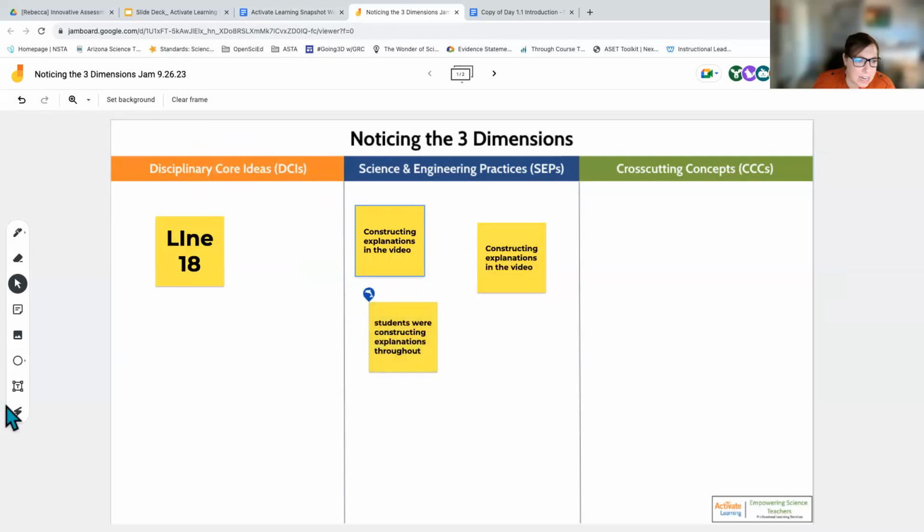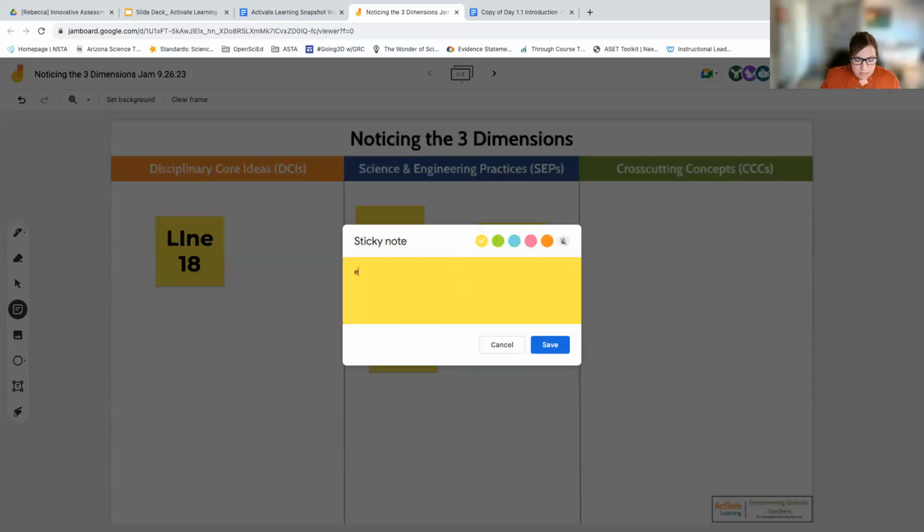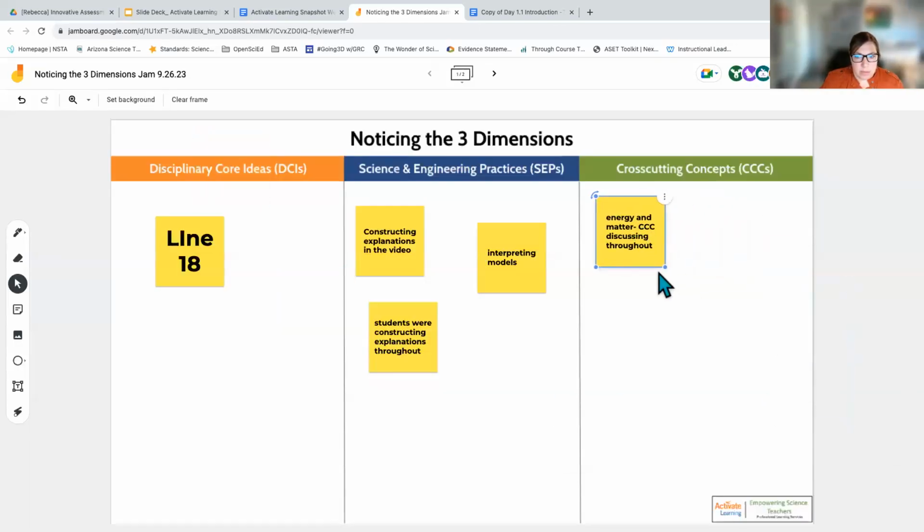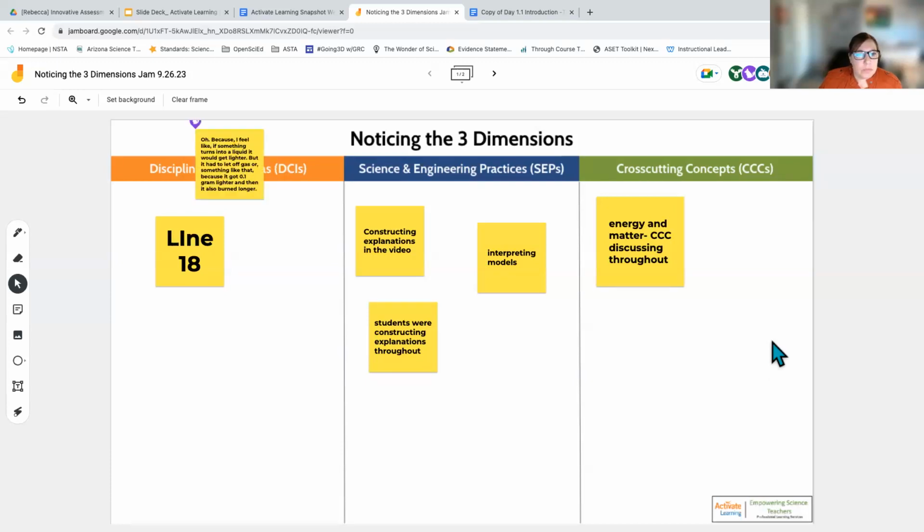Any other ideas? I know I saw energy and matter. I'll add one. Any other ideas? Interpreting models. All right, we've got a little quote here. Yes, comparing patterns, totally.